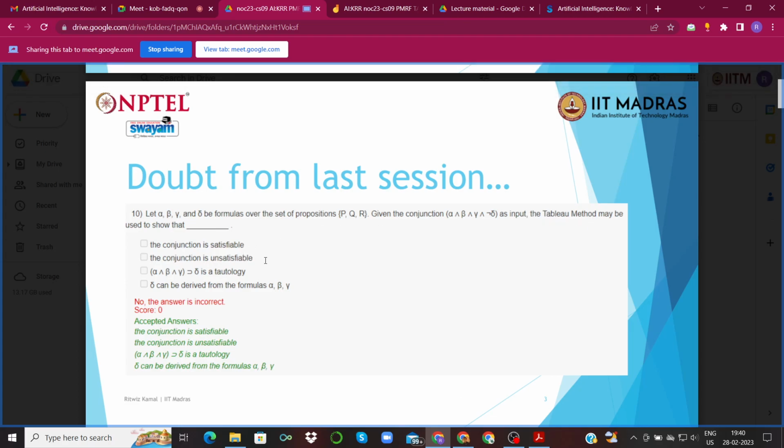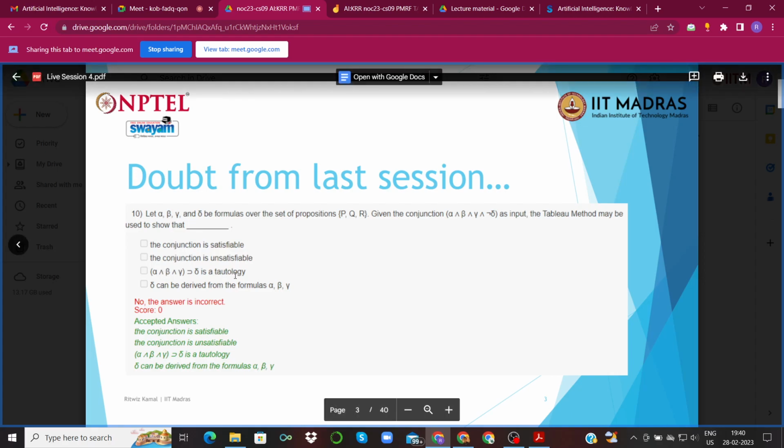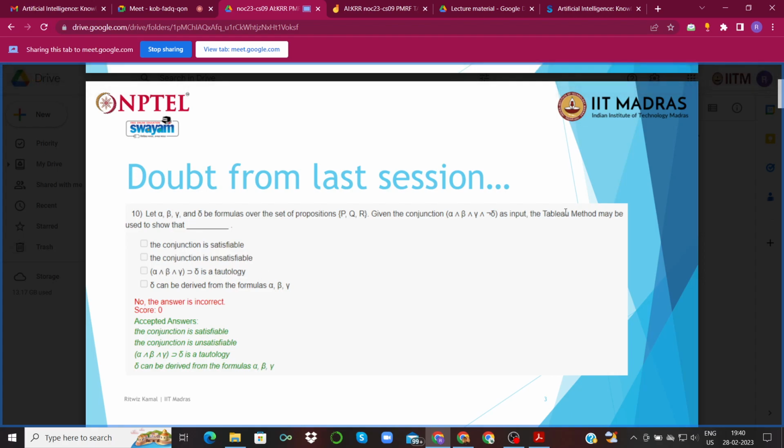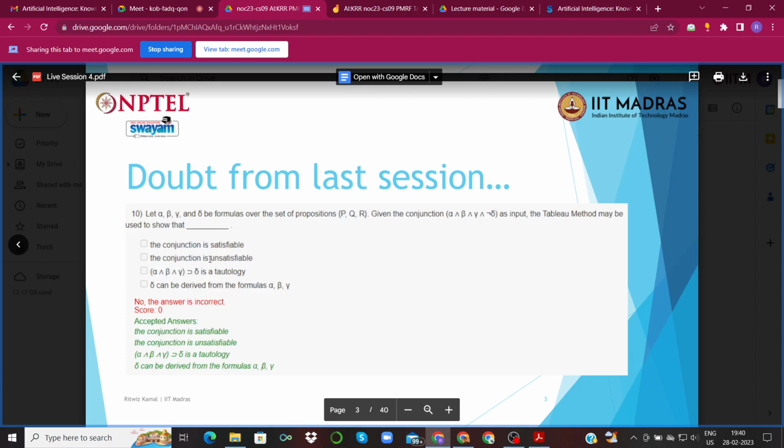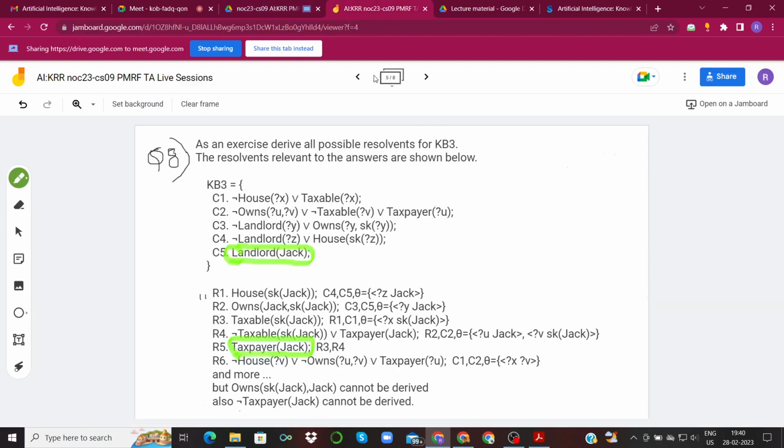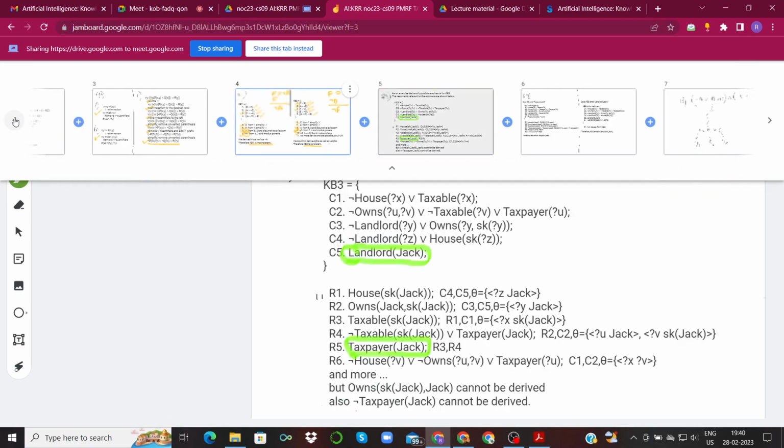So there is no debate about that, and we can show that this thing is a tautology if we are able to prove that there is no model for the input that we are giving to the tabular method. Okay, so I'll just quickly show you something.